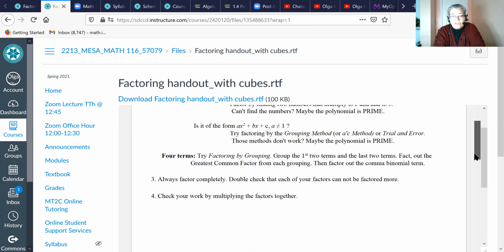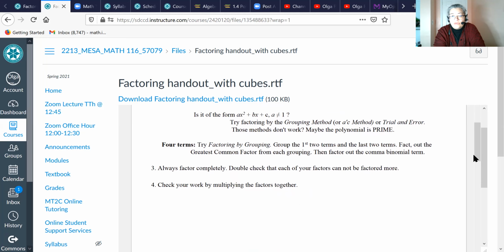And there is also a four-term polynomial, which is typically factored by grouping. Remember to always factor completely and double check if anything else could be factored even further. And check your work by multiplying the factors. So that's the general strategy. Now let's go to specifics.